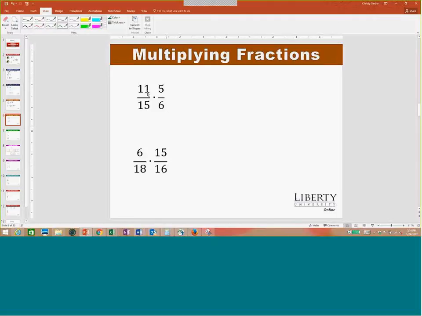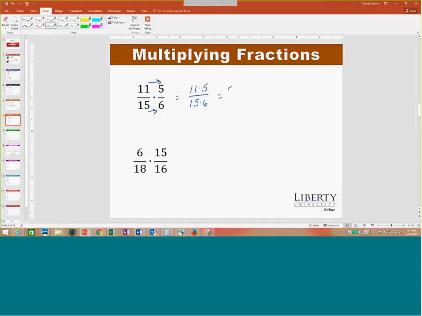Let's look at a couple others, because oftentimes when you multiply, you need to simplify your answer. So again, let's look at this a couple different ways. We can multiply straight across the numerator and straight across the denominator, which makes 11 times 5 in the numerator, 18 times 6 in the denominator.